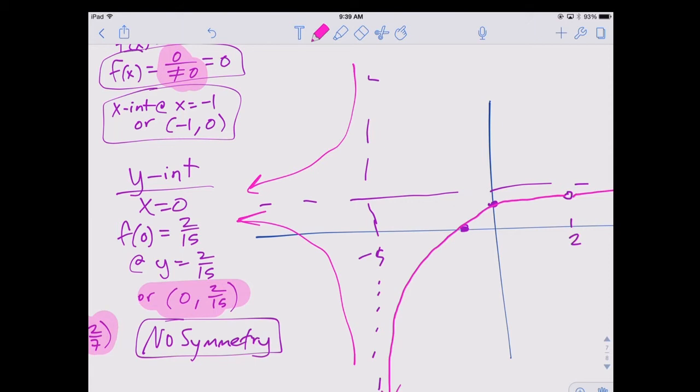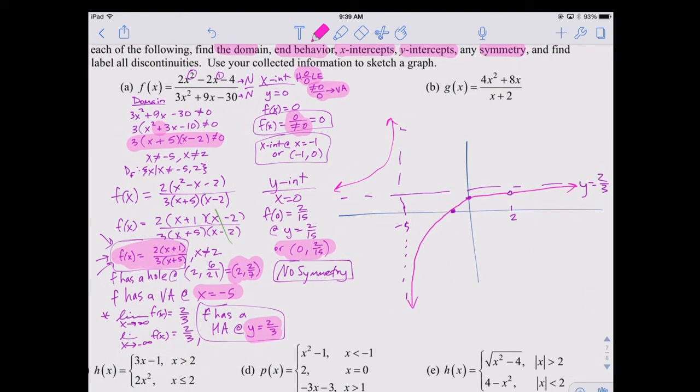And since we had all this evidence on the right side of the vertical asymptote that it lived below the horizontal asymptote, it has to be above. Why? Very good. If it lived on the bottom, we would have found another what? X-intercept. Did we find another x-intercept there? No. So by process of elimination, it has to live above. There you go. That's what the graph looks like.